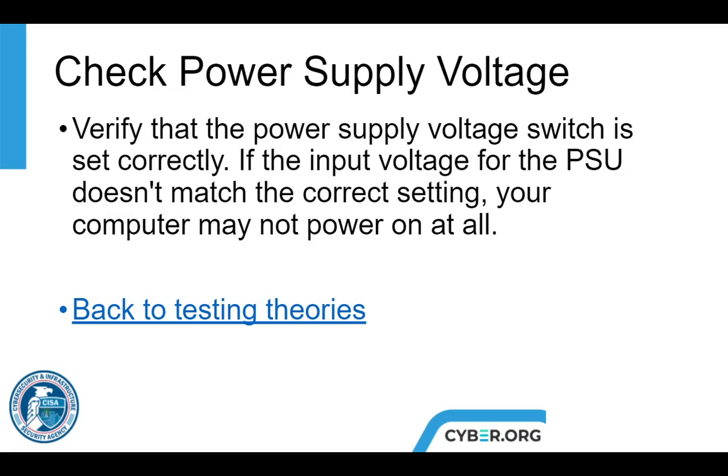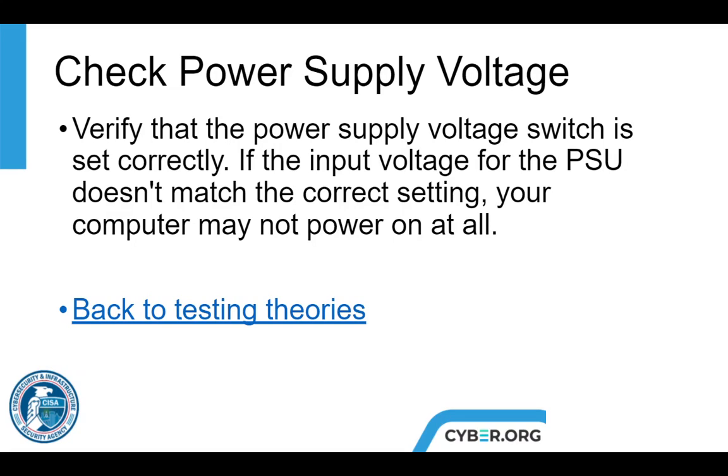Now, this is a great one. I'm going to point this out. At this point, I probably wouldn't check this because the power strip wasn't getting any power. The monitor didn't get any power. But this is a good one to check as well. If all of that was getting power, this is a good one to check. Basically, in the back of a lot of computers, there's a little switch where you can go from like 120 to 240 or something like that.